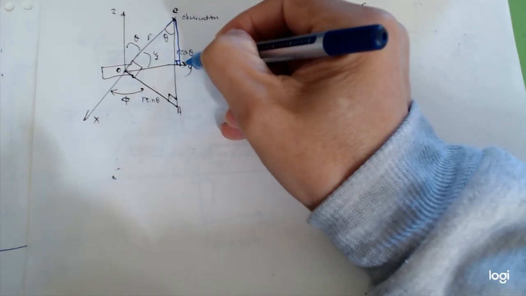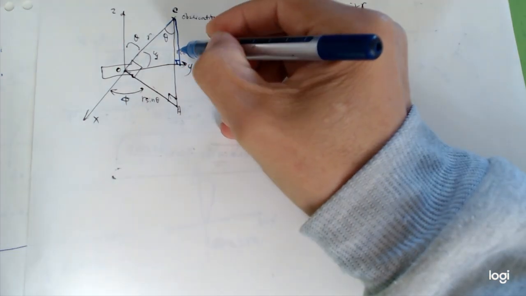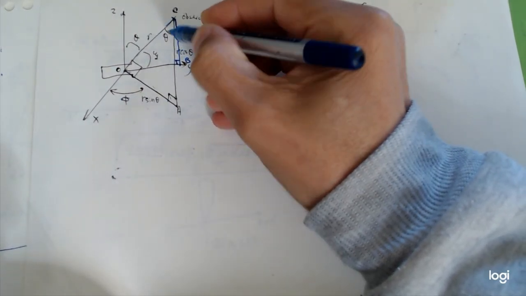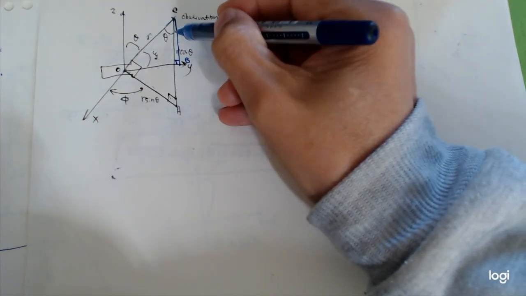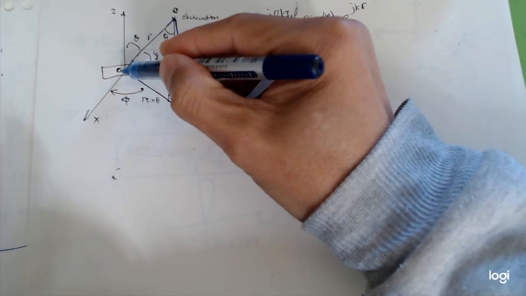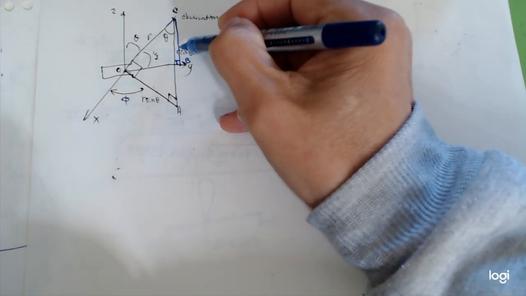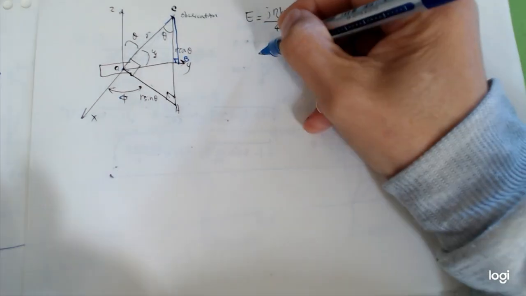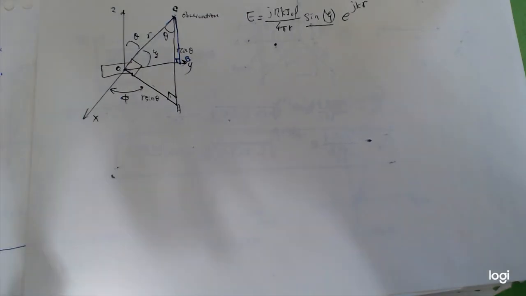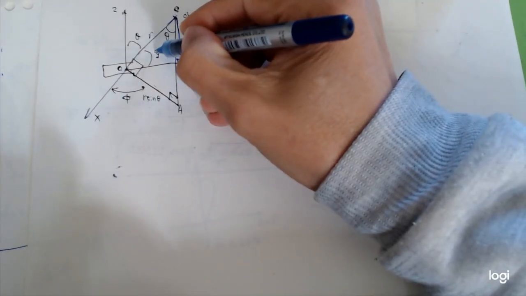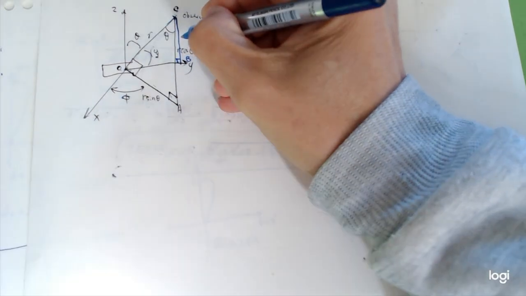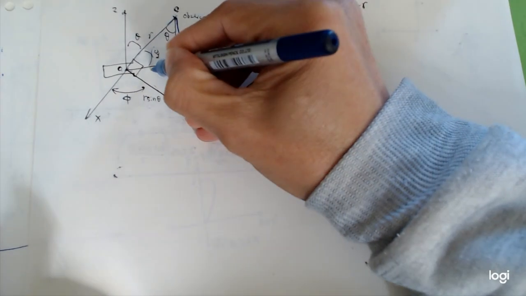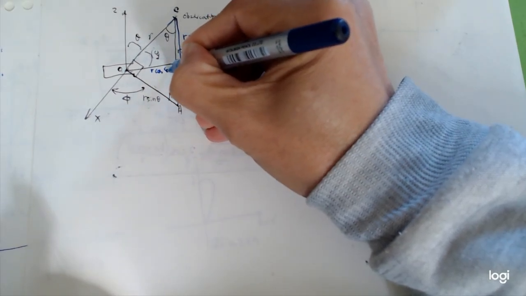Let's say this is B. Triangle OCB is a right angle triangle. If we work out carefully, we have only one angle here. So here should be r sine psi, and here is r cosine psi.